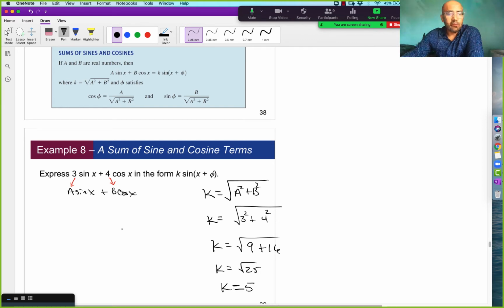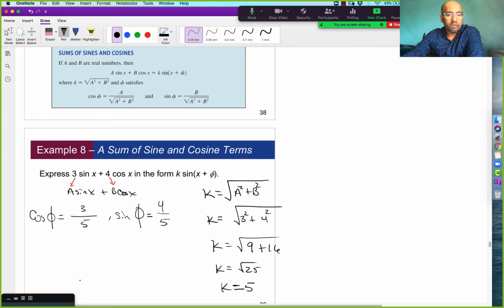Now we need to find this other thing over here. So we have two things. We have cosine of phi must be equal to the constant a, which was 3, over 5, the k value. And also sine of phi must be equal to b, which was 4, over 5.